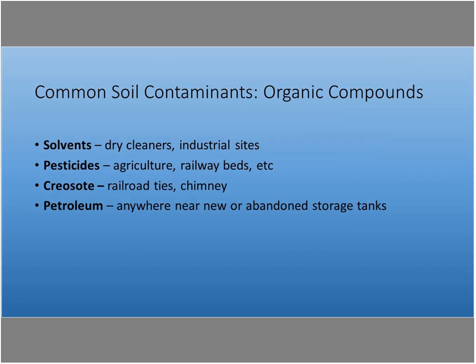If you bought an old dry cleaner lot and you're trying to put a garden in there, you might want to worry about that stuff. Pesticides: agriculture, railway beds. If you've been on the farm for years, you know what's been done there. If you bought a new farm, you don't know if someone in the 50s disposed of pesticides improperly. Are they in the soil somewhere? Creosote from railway ties and from chimneys, and petroleum obviously anywhere near new or abandoned storage tanks.